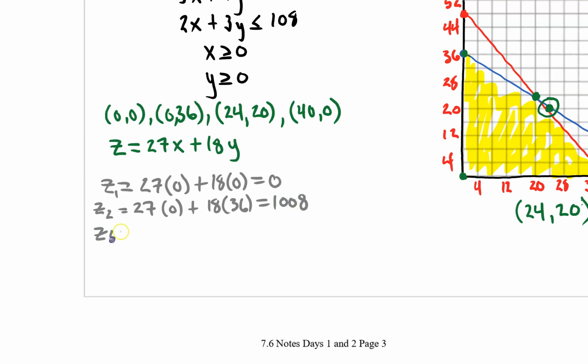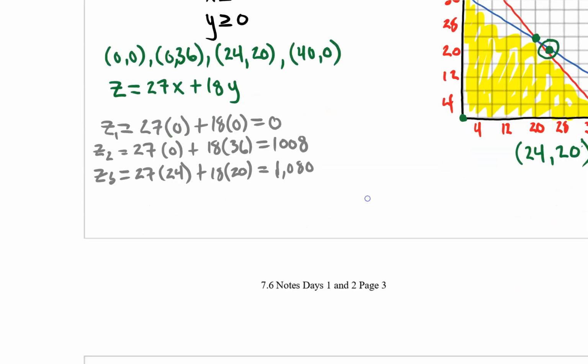Z3, that's 27 times 24 plus 18 times 20. That's going to give you 1,080. And then the last one, Z4, that's going to be 27 times 40 plus 18 times 0, and that's going to give you, what is that?